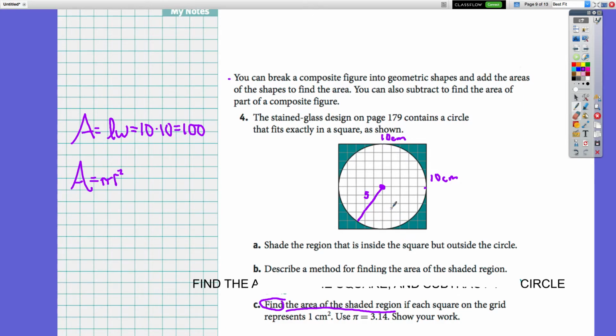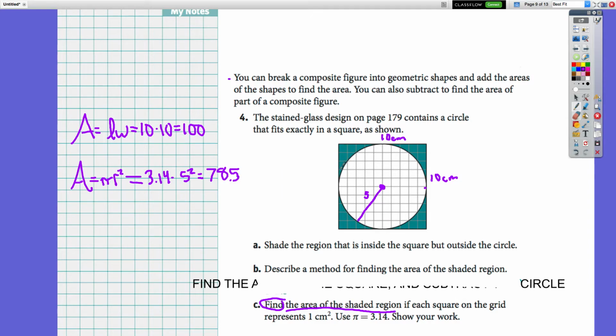Everywhere around this, like a clock, is the same length. So if we use 3.14 times 5 squared, which is 25, and plug that into our calculator, we're going to get an area of the circle of 78.5. That worked out pretty well for us here.